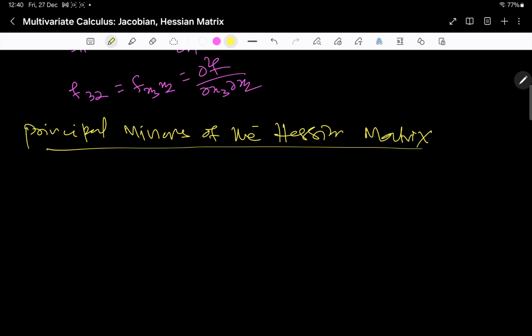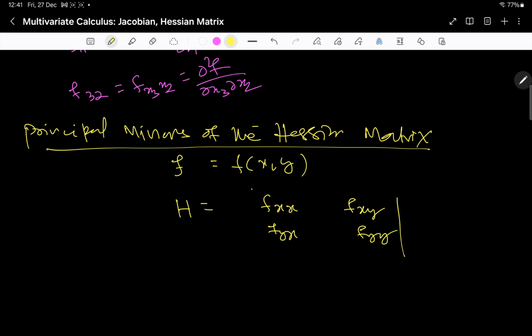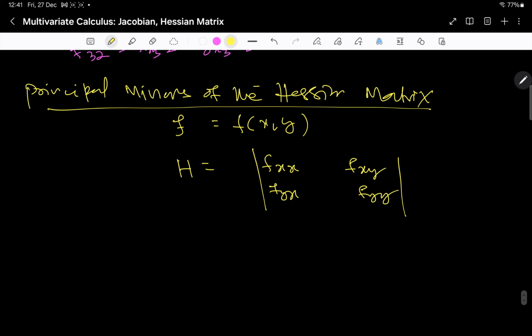So if we have f of x, y, what is the Hessian matrix here? Here f xx, f xy, f yx, f yy. Now the principal minors: D1 is the first principal minor, meaning the first order determinant, the determinant of fxx.